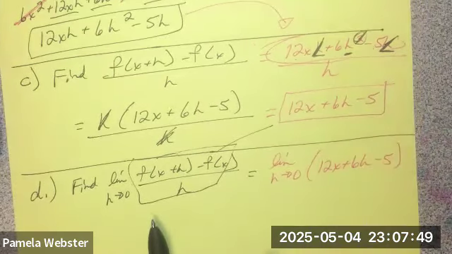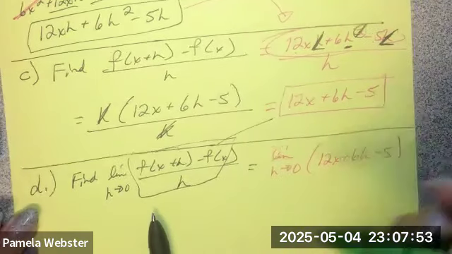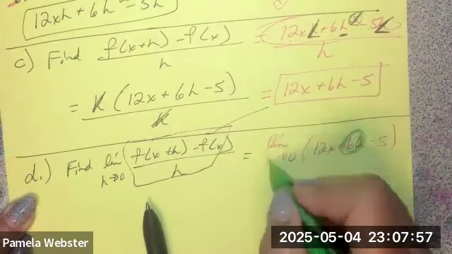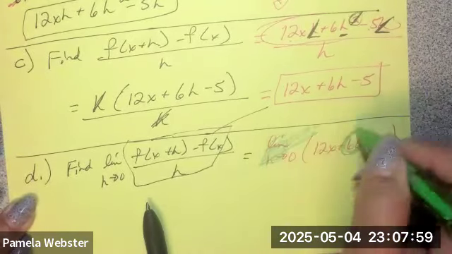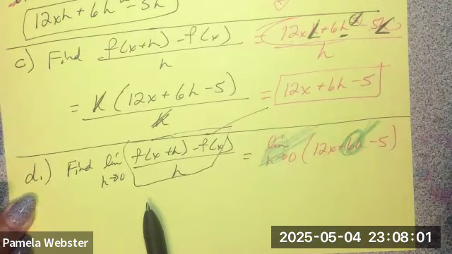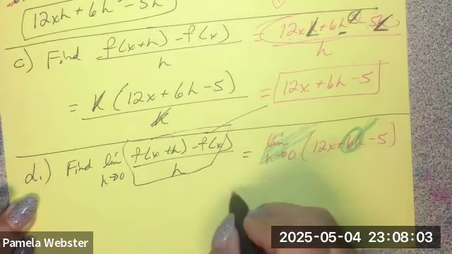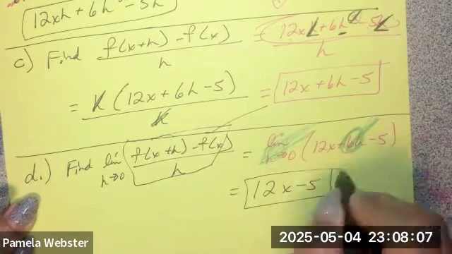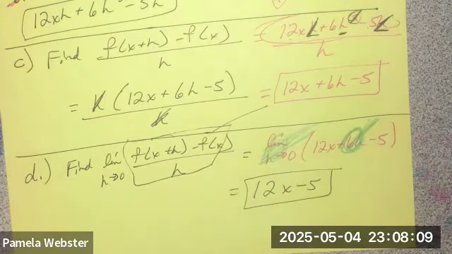Okay. And remember what that means. When I take the limit here, I'm literally saying plug in 0 for h. That's going to go away and that's going to go away. Anything left hanging around that has an h in it just goes away. And what I get is 12x minus 5.